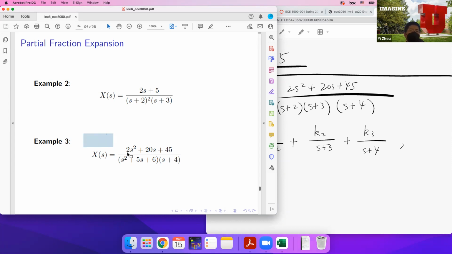In general, the entire function is a function of S, and the value of S can be any complex number, not necessarily real numbers. But I think for these examples, you don't have to deal with the complex unit J. Okay, sounds good.